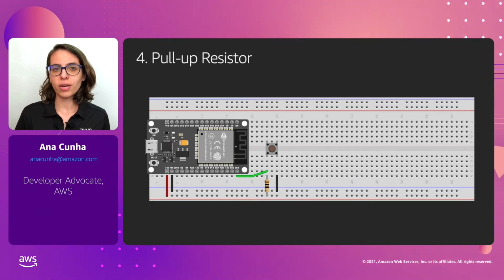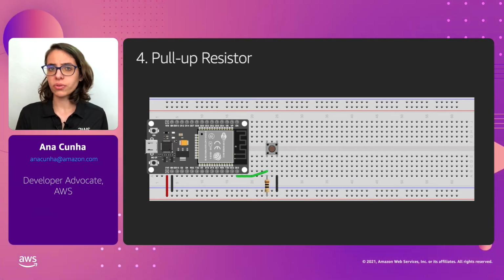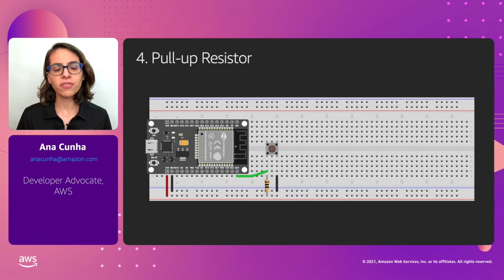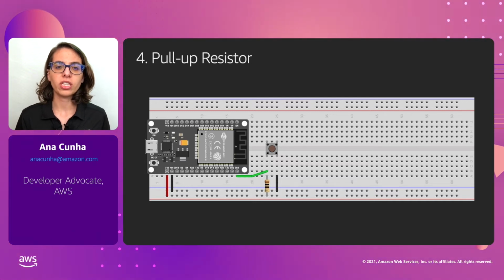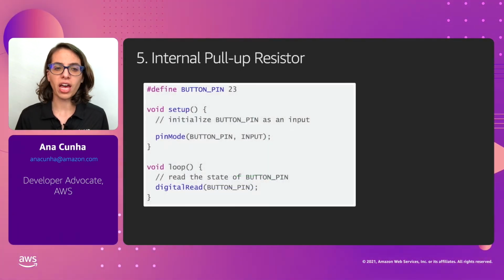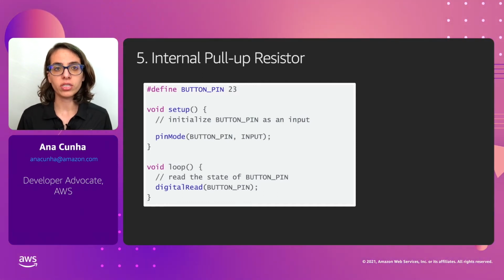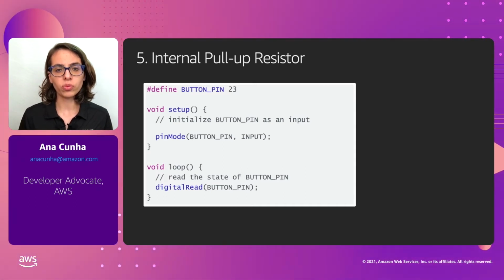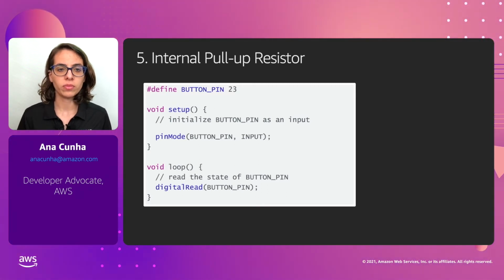The cool thing about the ESP32 and also Arduino boards is that they have internal pull-up resistors that we can use by just changing one small thing in our code. So this is the code that we have right now, using pinMode to configure the button pin as an input. We need to change something in our code to enable the internal pull-up resistor connected to pin 23.